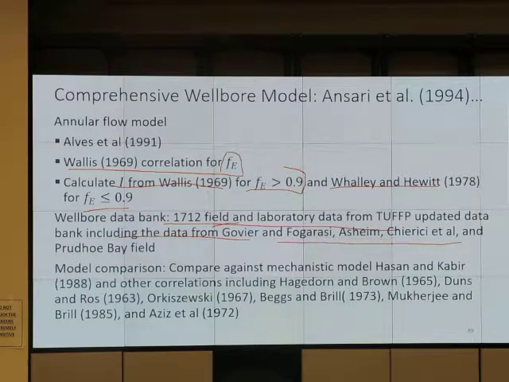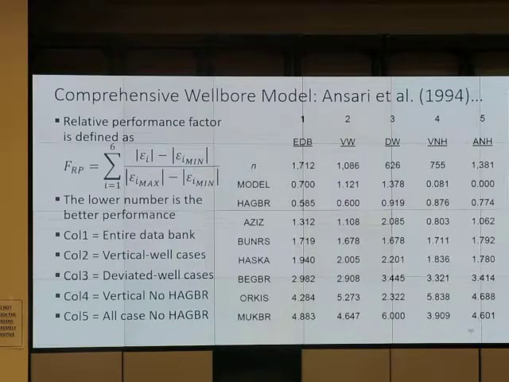They compare against mechanistic models, Hasan and Kabir, and other correlations, including Hagedorn and Brown, Duns and Ros, Orkiszewski, Beggs and Brill, Mukherjee and Brill, and Aziz. So they compare. And guess what? Which one is the best? This one, sorry. With some exception, and we will see that in a bit.